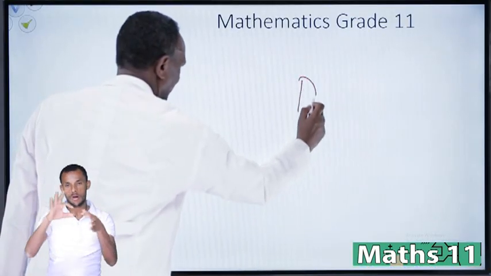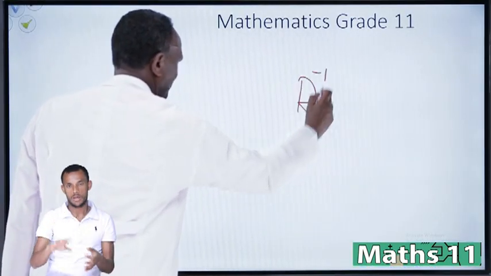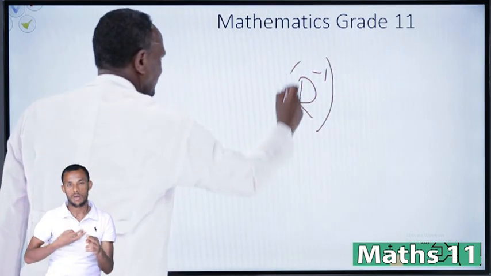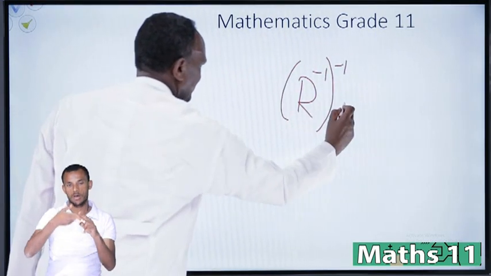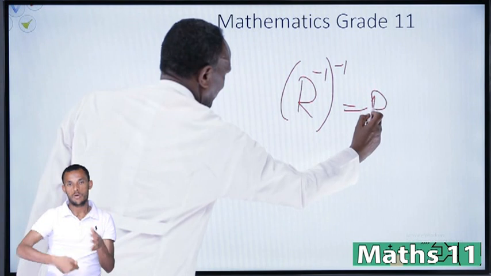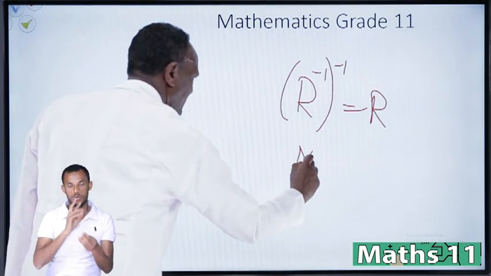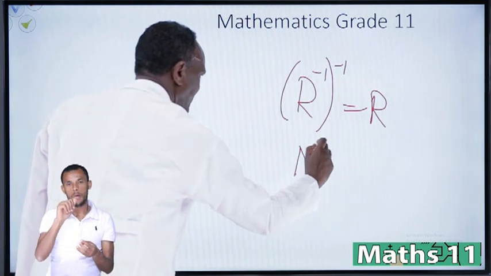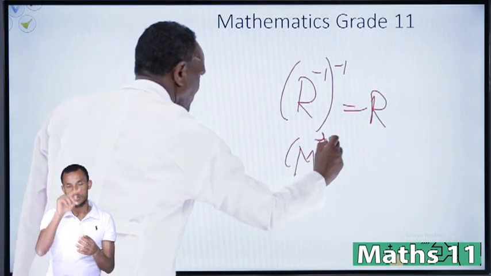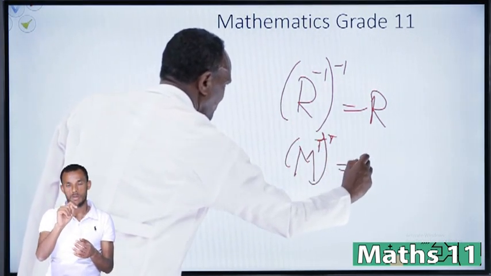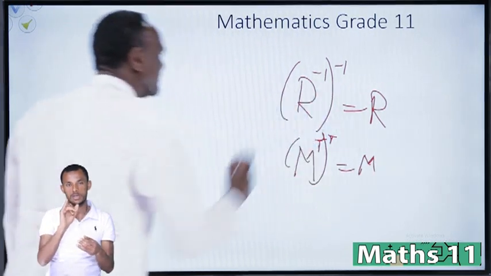We have a relation R, and when I consider again the inverse of the inverse of the given relation, it gives the original relation R. The same thing is also true for any matrix M. The transpose of the transpose of a given matrix will be equal to the original matrix M.